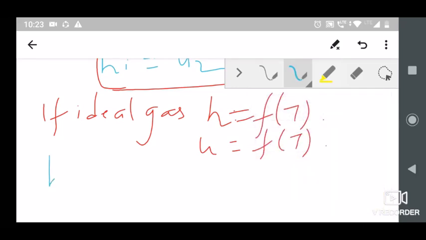As you know, hi will be equal to cp Ti, and u2 will be equal to cv T2. So for this case, let us equate hi is equal to u2.